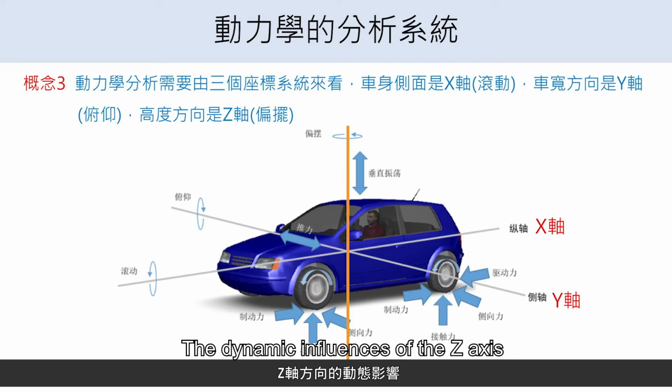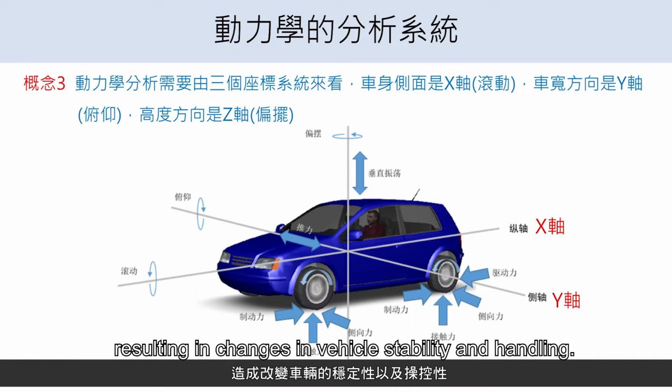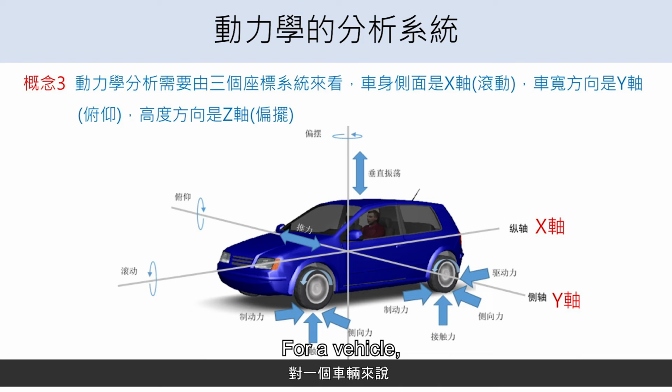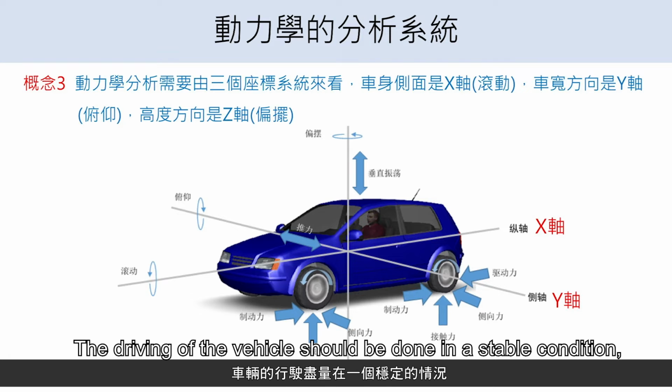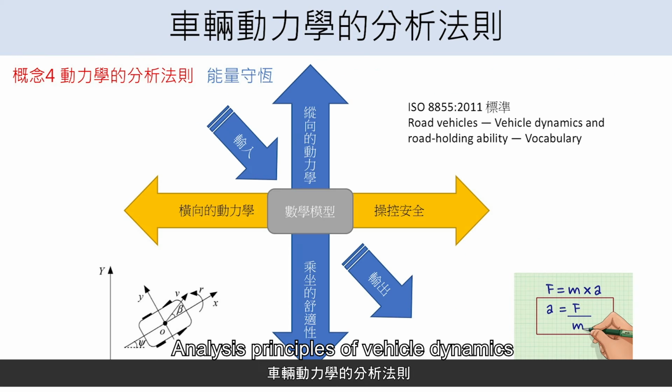The dynamic influences of the z-axis will produce yaw dynamic changes, resulting in changes in vehicle stability and handling. For a vehicle, these roll, pitch, and yaw should be as small as possible. The driving of the vehicle should be done in a stable condition so that the passengers have better comfort and safety.